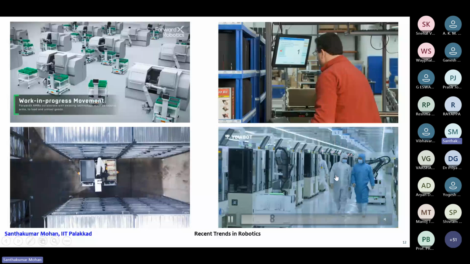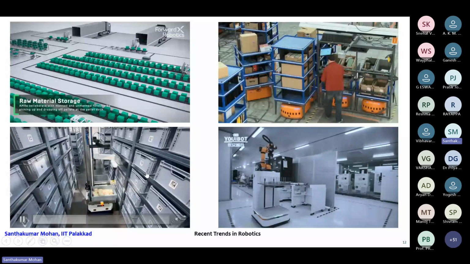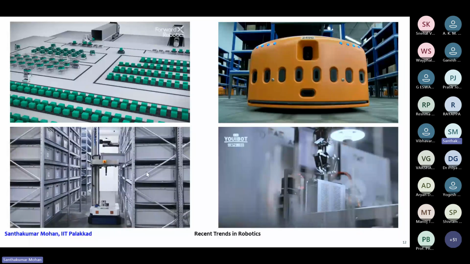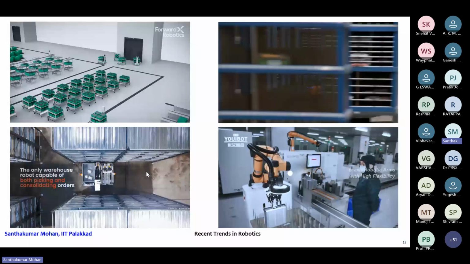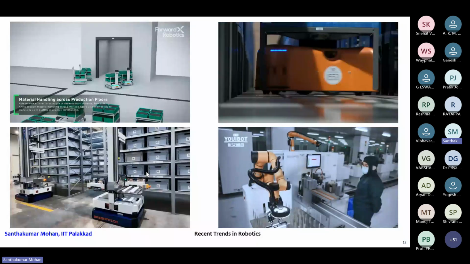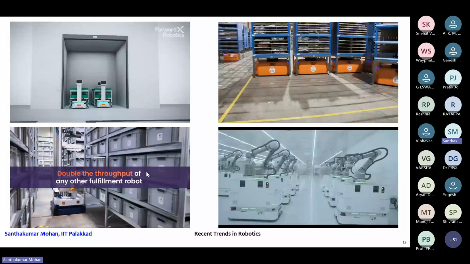Here the shelf is being carried, and here two manipulators are handling the shelf, and then the picking of which objects need to be done. So these are the modern industries, how the manipulators or mobile bases are being used, to what extent they are being used, right? So that is the understanding or idea which I thought of putting into this particular forum.